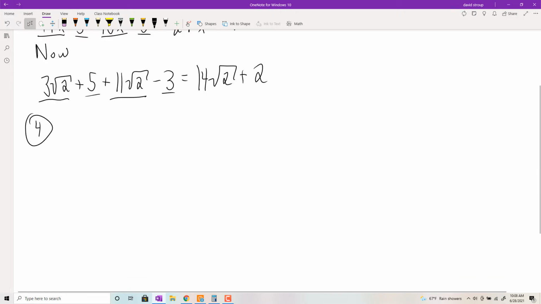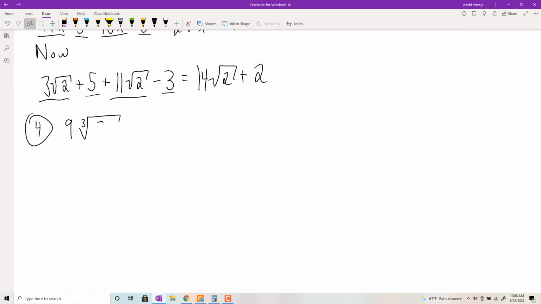So here we have 9 cube root 7 minus 4 cube root 7. And it's just like 9x minus 4x. You'll get 5x, right? So 5 cube root 7.